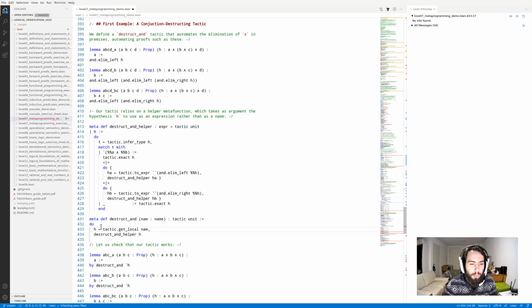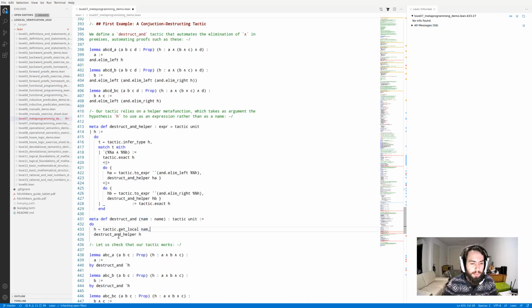What we're going to do is, first we use tactic.getLocal, which we've seen before. This gives us the expression corresponding to the name of this hypothesis. And so this expression is going to have the form expr.localconst and then a bunch of things inside the local const. And this represents the hypothesis that we're going to be working on.